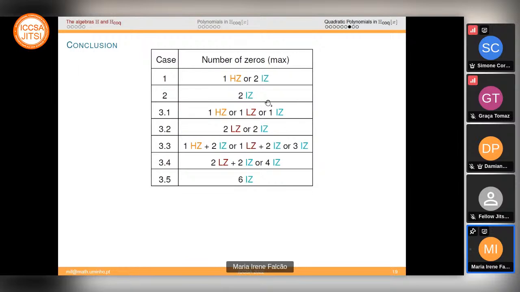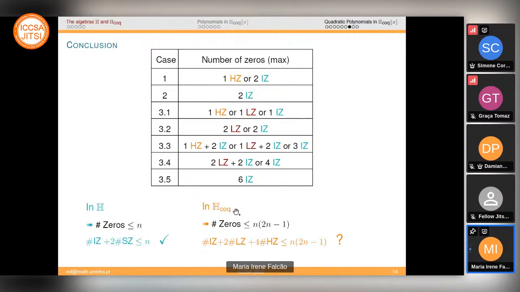No, this cannot happen. So our conjecture is that in the case of the coquaternionic polynomials, probably the number of isolated zeros plus twice the number of linear zeros plus 4 times the number of hyperboloidal zeros is less than or equal to the number of zeros that we have already proved that a polynomial of degree n has.